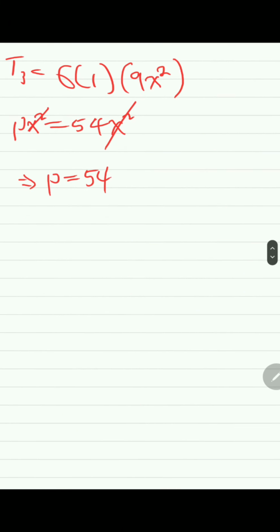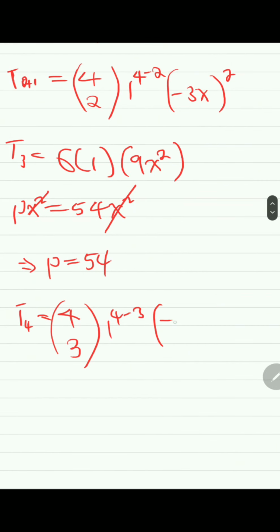Now we go to the one for q. So to find the value for q, we're going to simply use the same general term. So in this case, we're looking at the fourth term. We're going to have 4, the value for r is 3 there. Then we say multiply by 1, which is a raised to the power 4 minus 3. Multiply by b, which is negative 3x.